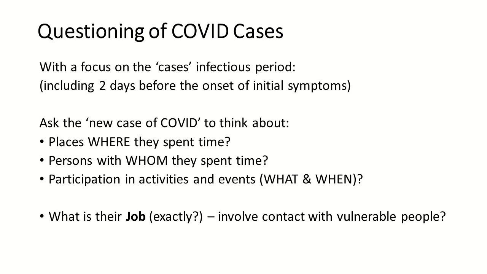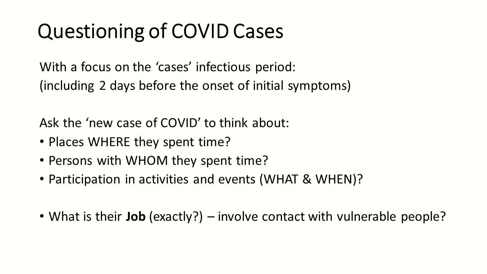One of the key aspects is to check what people do for a living, what their job involves exactly, particularly a concern if their job involves contact with vulnerable people. So somebody who says, I work at the cancer unit at the hospital, where people may be treated with drugs that suppress the immune system, well, we'd have great concern if that person is working on reception and welcoming all the new patients.